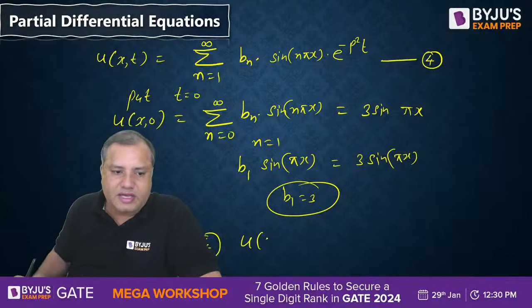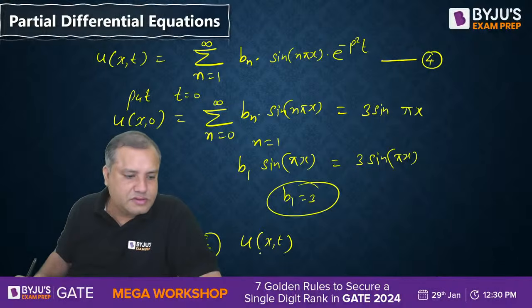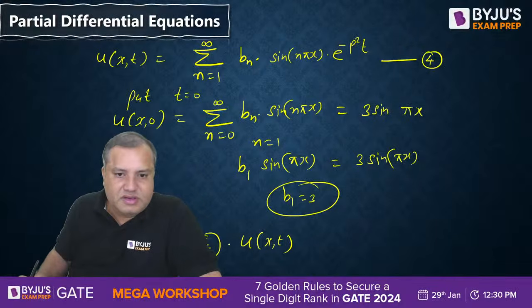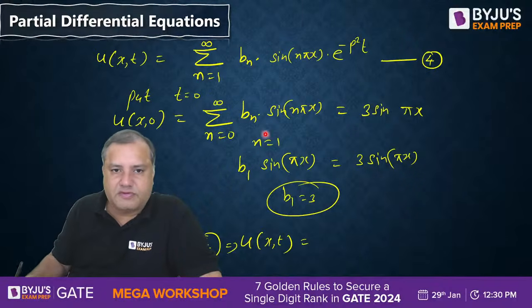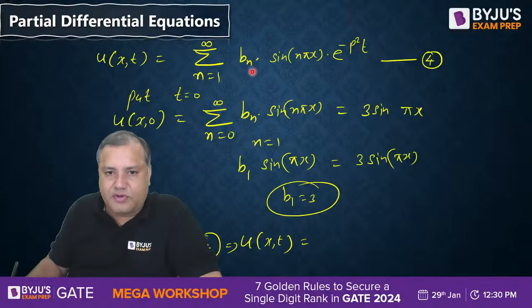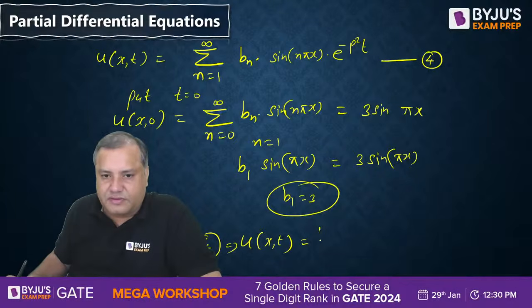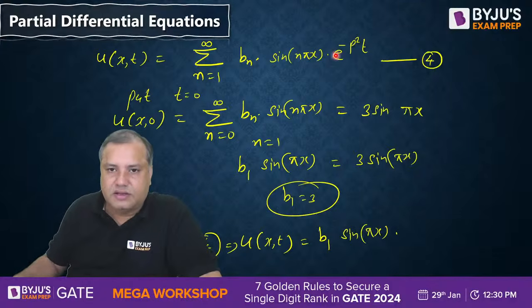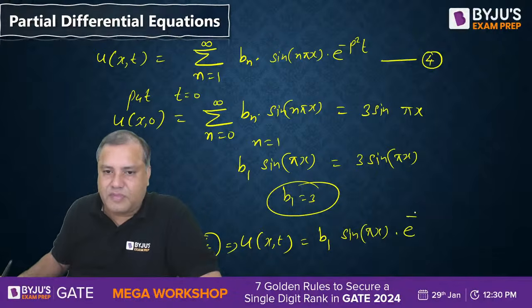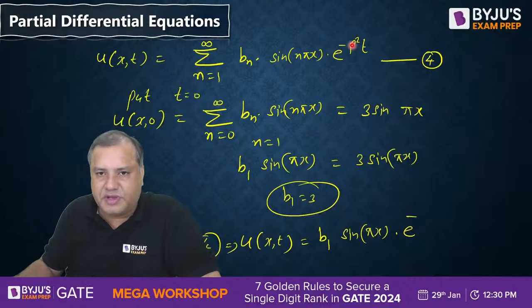So u of x comma t equal to bn. What is bn? This is b1 sin n, n is 1, so sin pi x e to the power minus what is this p?